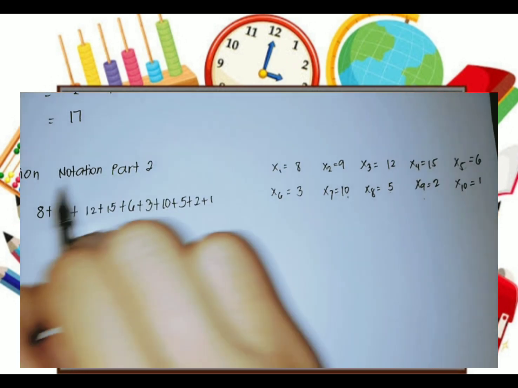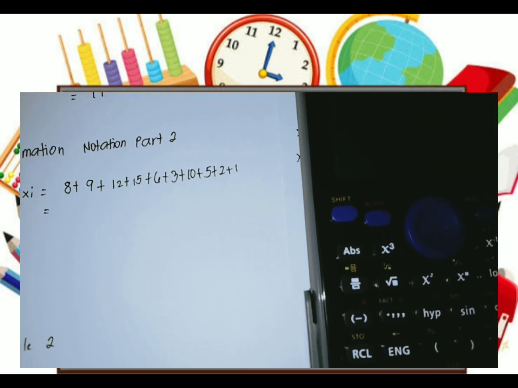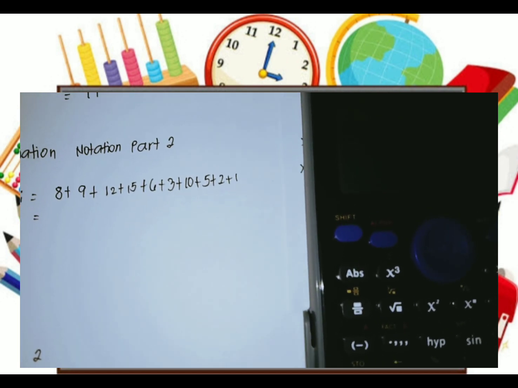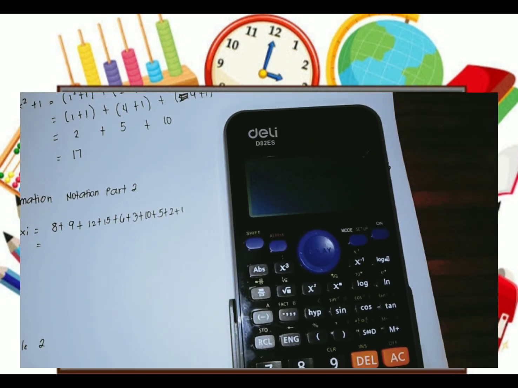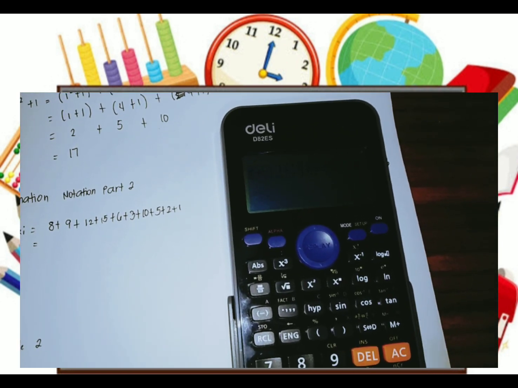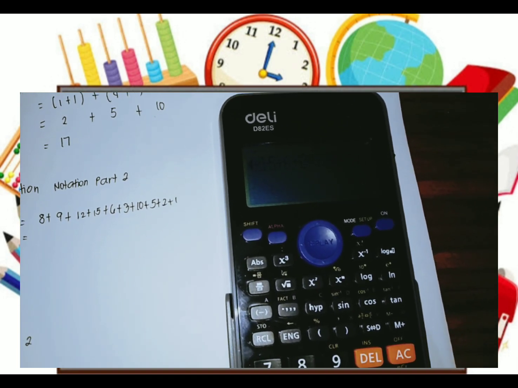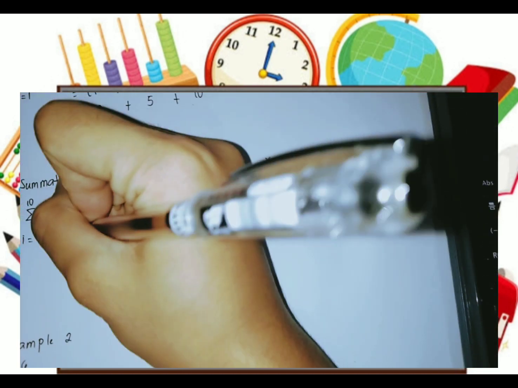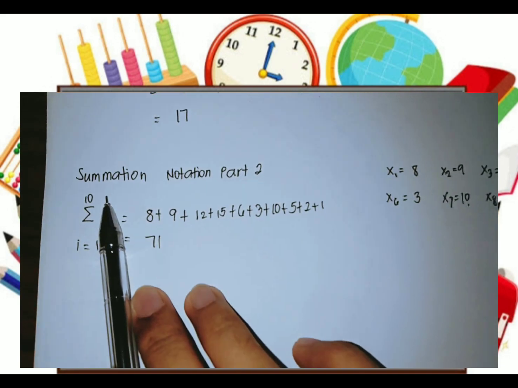Now we are going to add these numbers. So 8 plus 9 plus 12 plus 15 plus 6 plus 3 plus 10, 5, 2, and 1 is equal to 71. So this is the summation notation in our example number 1.